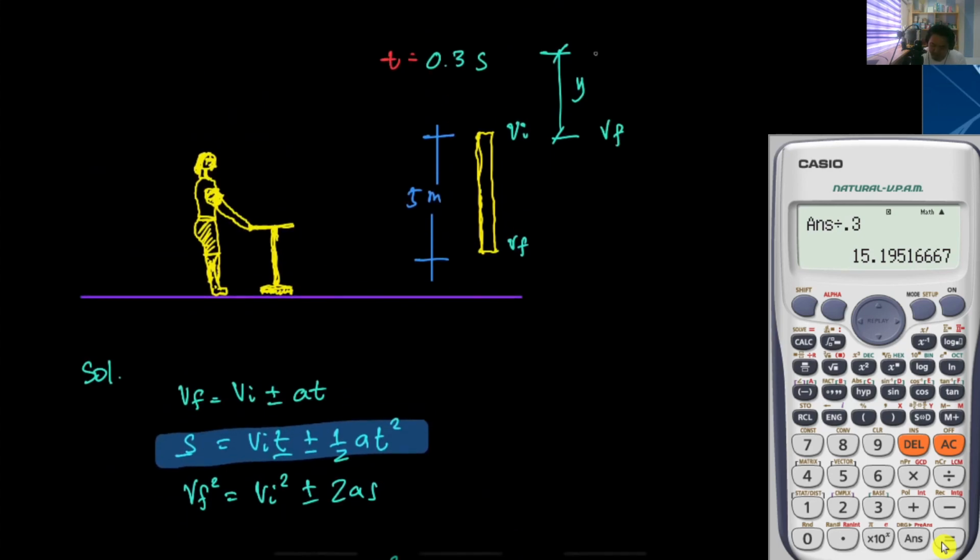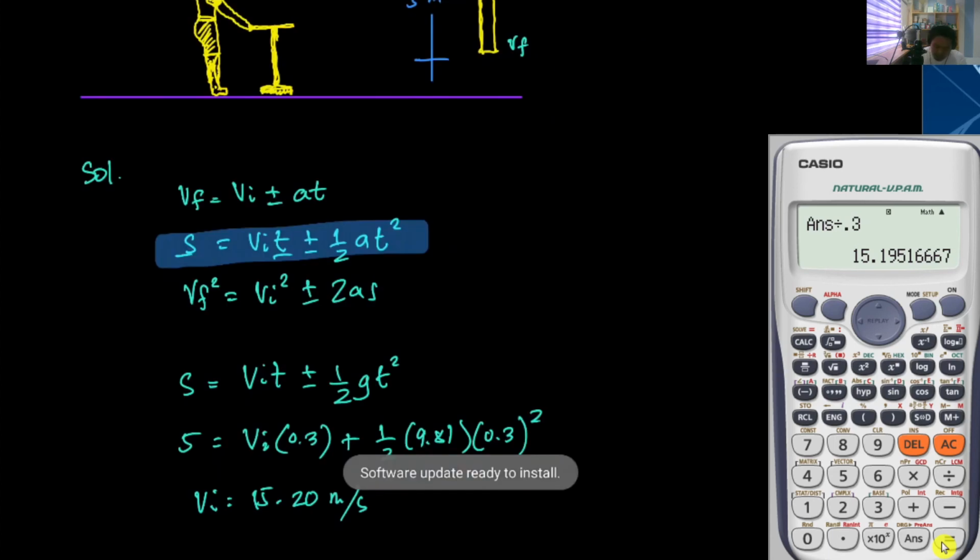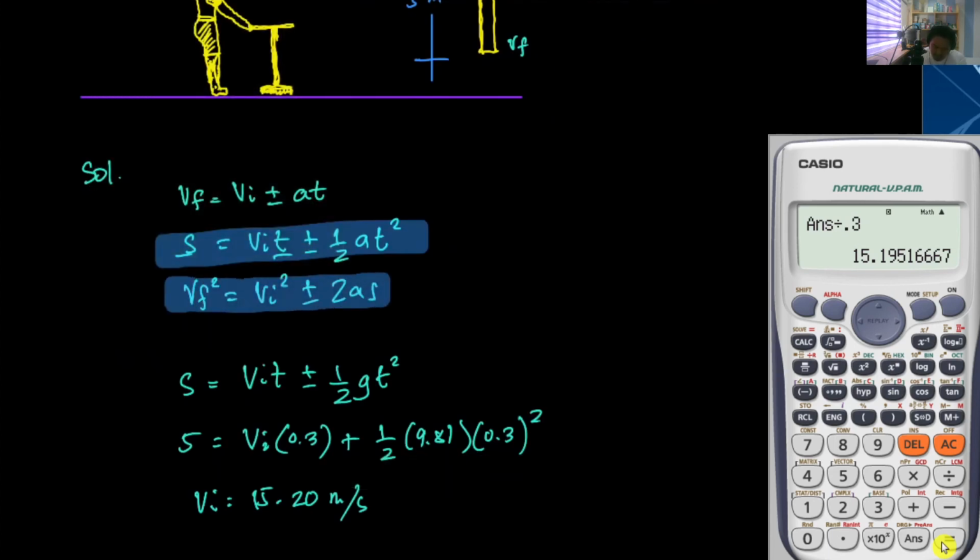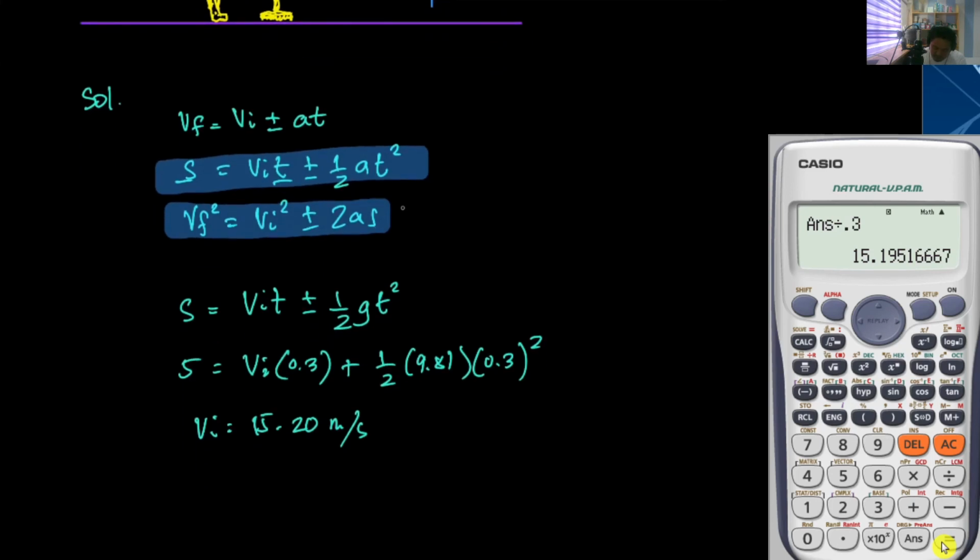The velocity initial at the release point is 0, because the stone was just released. We can now use the third formula, because we have velocity final, we have velocity initial, we have acceleration, and S is the unknown.